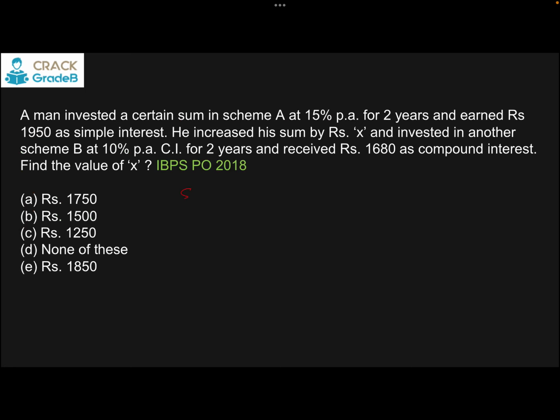A man invested a certain sum in scheme A for 15% per annum for 2 years and earned rupees 1950 as the simple interest. So we can just use the formula here. Let's say the sum is X, rate of interest is 15% per annum and number of years are 2 years, and he invested under simple interest, and the simple interest accumulated is 1950.